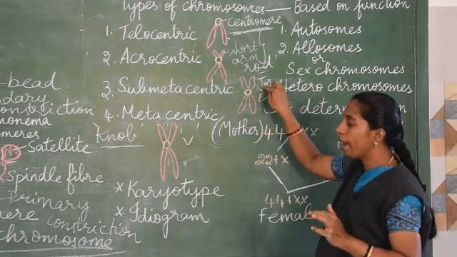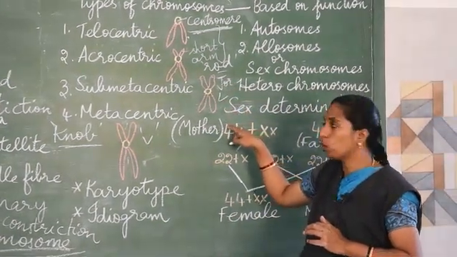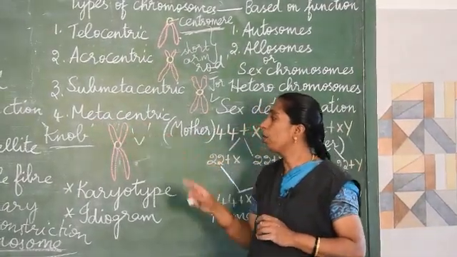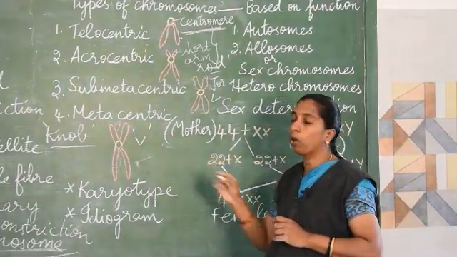Submetacentric is J or L-shaped, whereas metacentric is V-shaped.